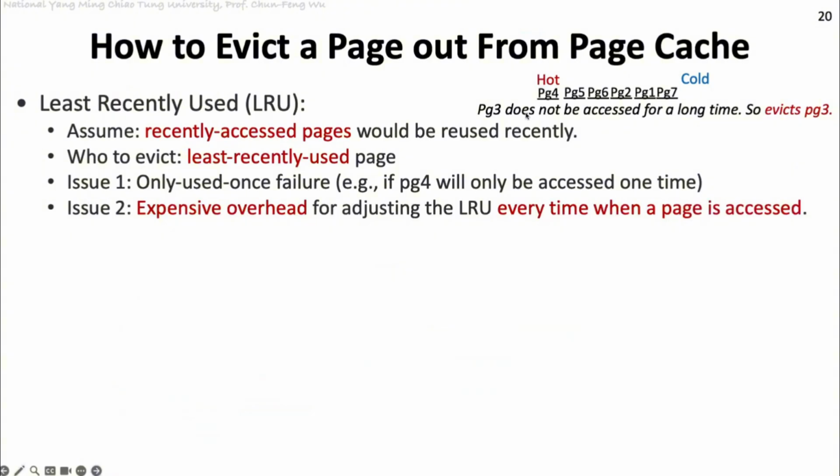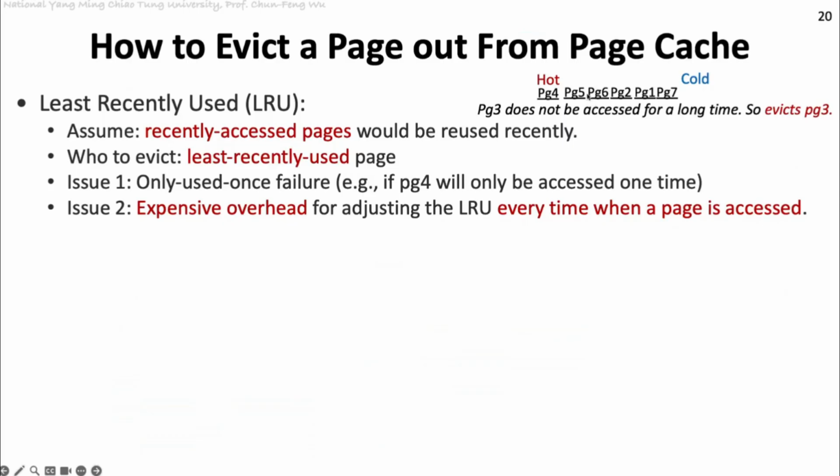The second issue is the expensive overhead of adjusting the LRU every time a page is accessed. So here comes a question: what kind of data structure is a better fit to implement the LRU? Let me give you an example. If the accessed page is page 6, how do we know where page 6 is?